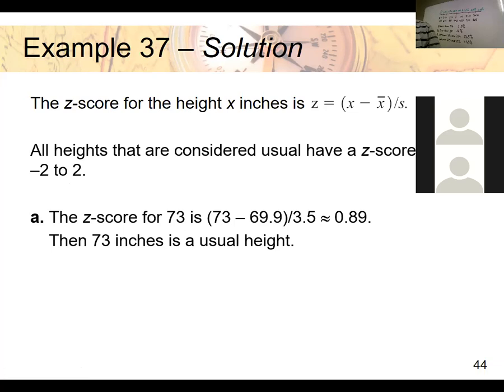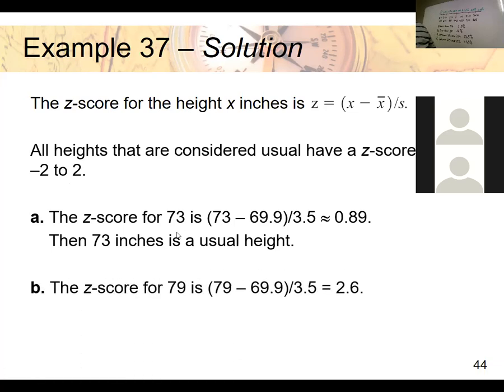And part B, we use the same Z formula. 79 minus 69.9 is 9.1, divided by 3.5, your standard deviation, that would be 2.6. Now 2.6 is outside of the -2 to 2; it's bigger than 2.